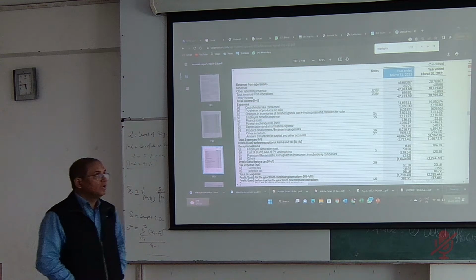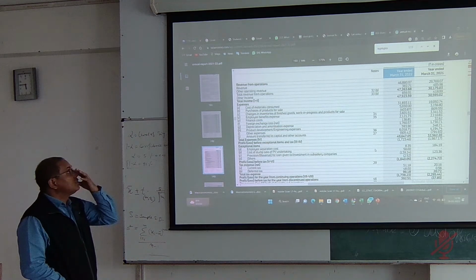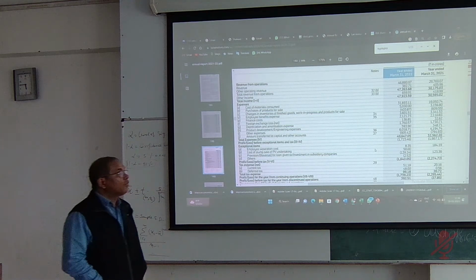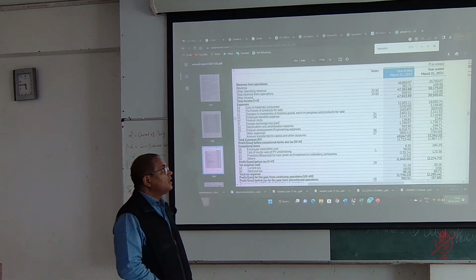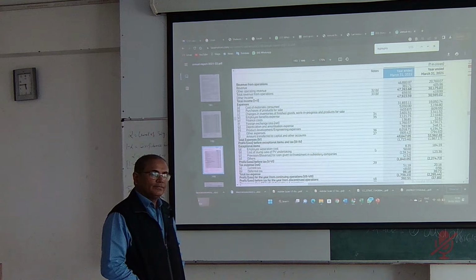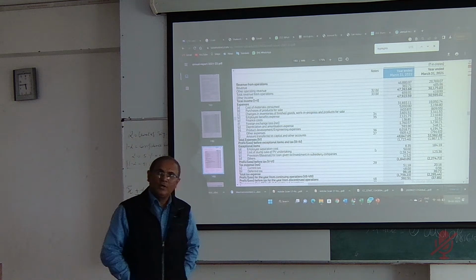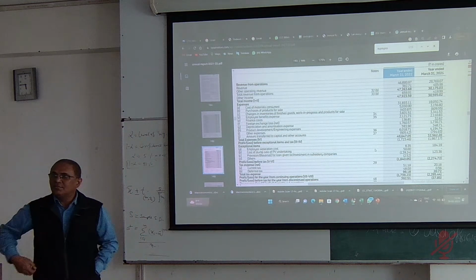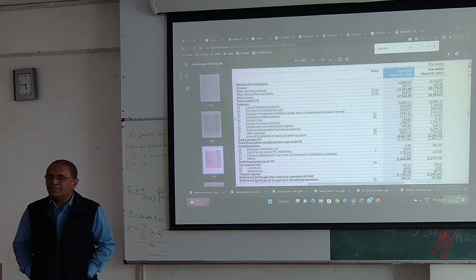Revenue has increased dramatically. Why is that so? Revenue from operations you will find moved from 29,000 to 46,000. Clear? So what is the percentage jump? More than 50%, right or not?